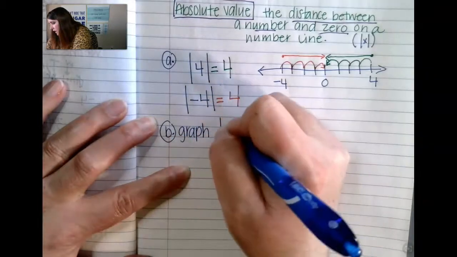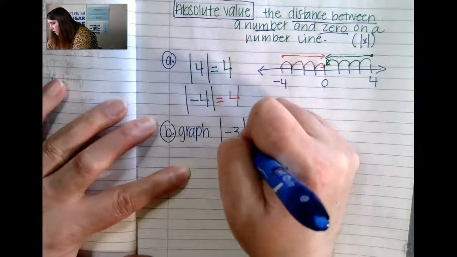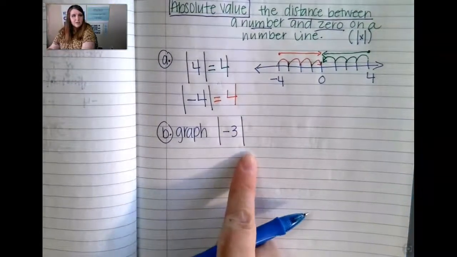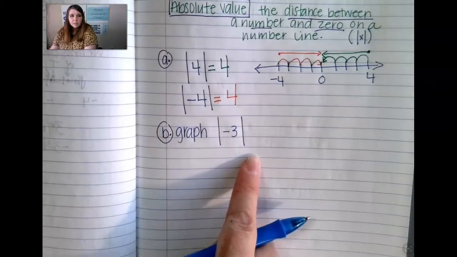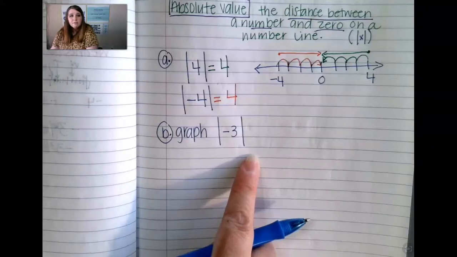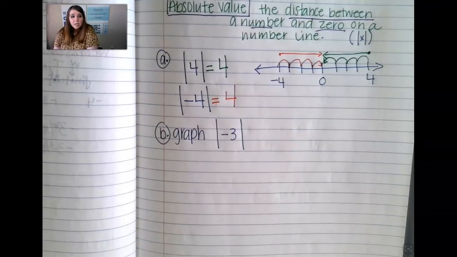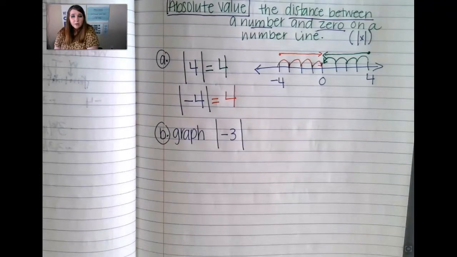I'm really exaggerating these lines right here so that you can tell that they're not ones. If I were to graph the absolute value of negative 3 on a number line, I would need to first figure out where is negative 3.